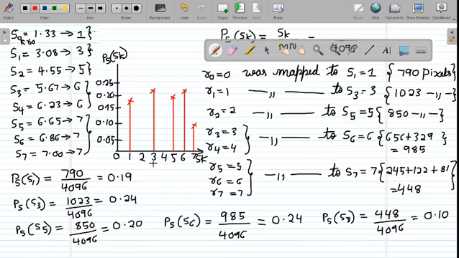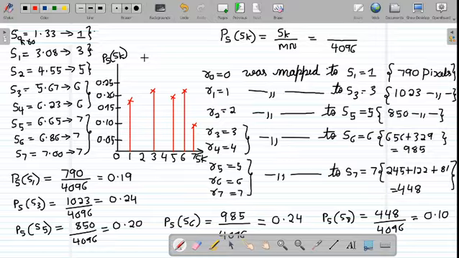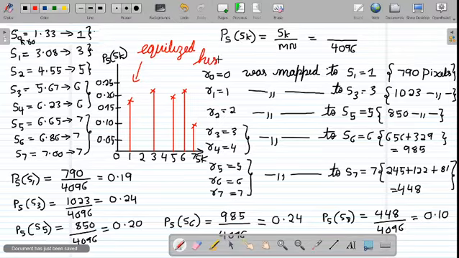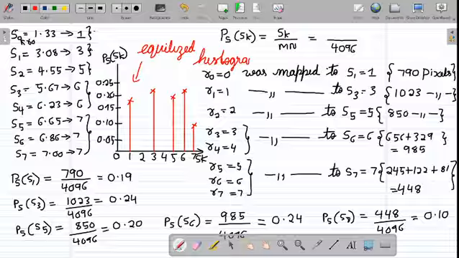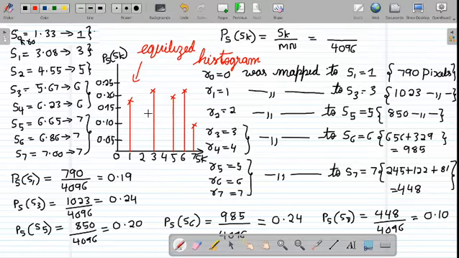So whatever histogram you got here is called the equalized histogram. So it's called histogram equalization.